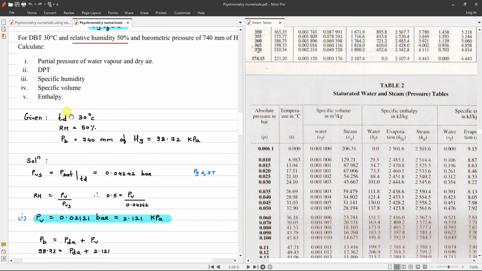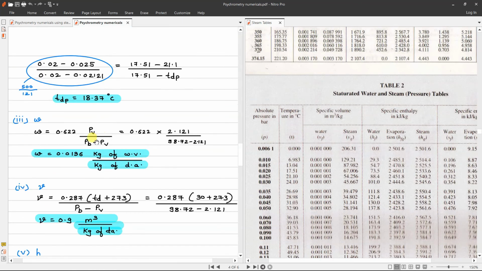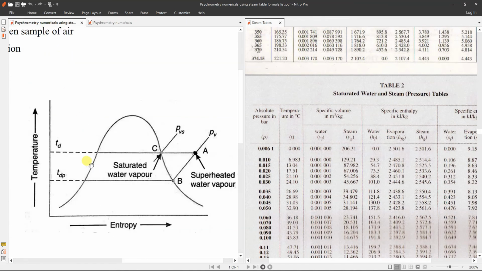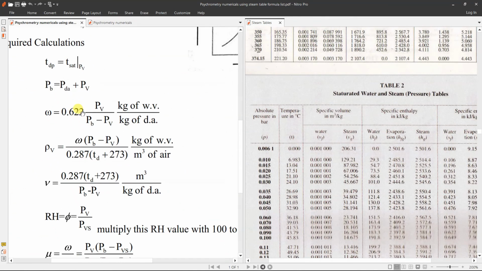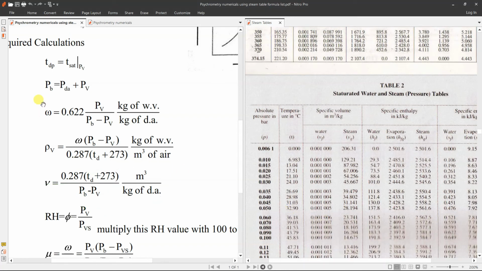Next question, specific volume. Specific volume, small v. Okay, that equation we have already derived. Specific volume is equal to 0.287 into TD plus 273, TD is in degree Celsius, divided by PB minus PV. Now since the numerator 0.287 is in kilojoule per kg Kelvin, make sure that the denominator part is in kilopascal pressure.